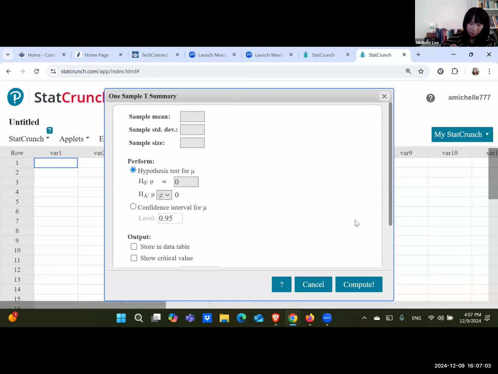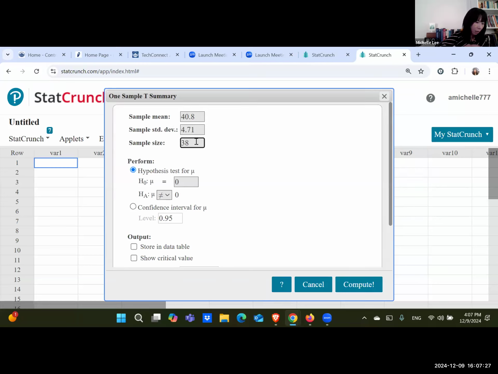Okay, sample mean 40.8. And then sample standard deviation is 4.71. Sample size, which is 38.